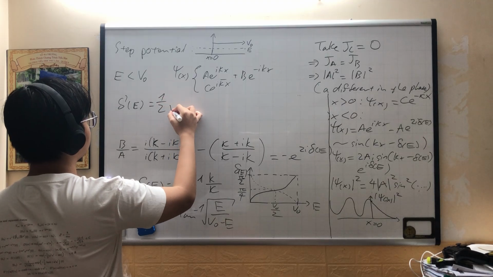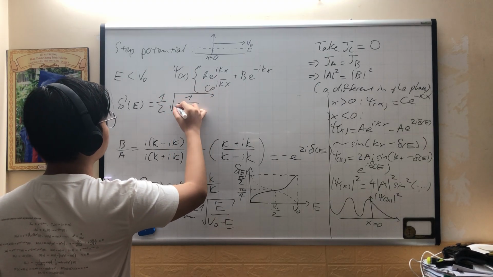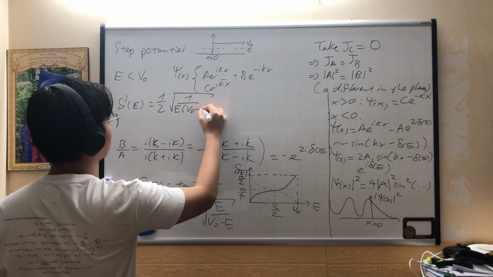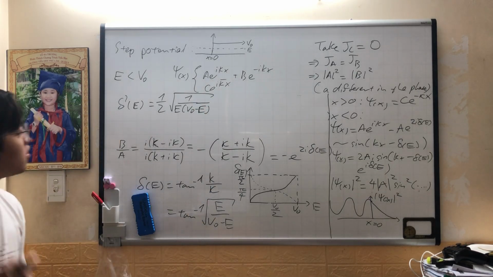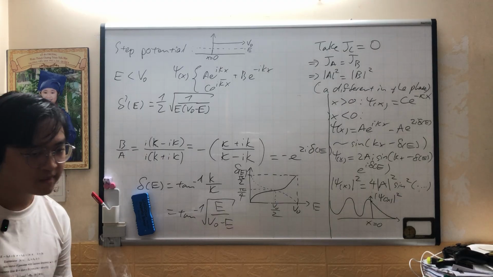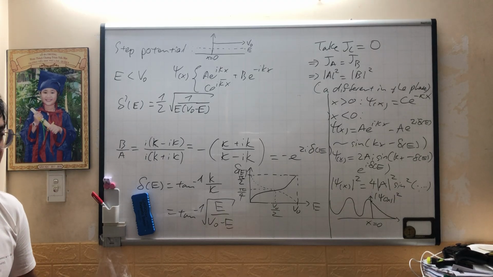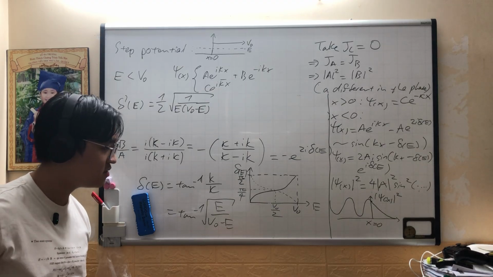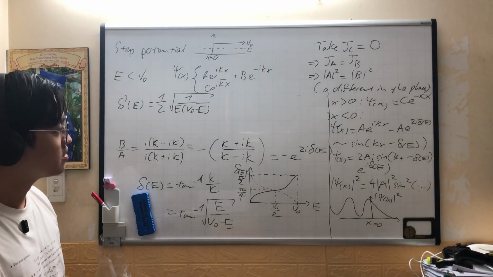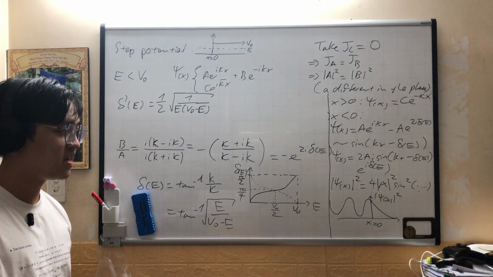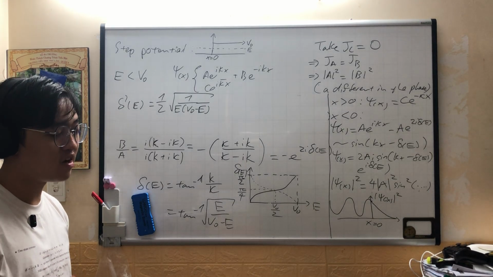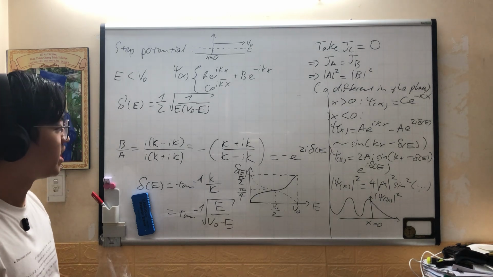That would give us 1/2 times 1 over the root of e times V naught minus e. That would be your derivative. And what this tells you is that when e goes to 0, the derivative goes to infinity, meaning that the time delay is very large, so a ton of delay.